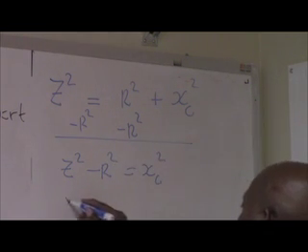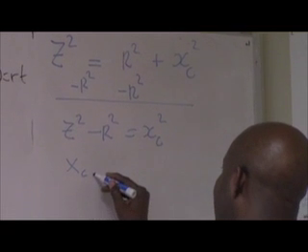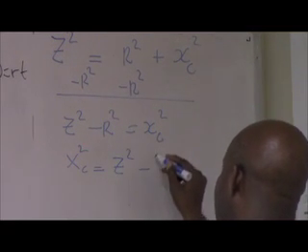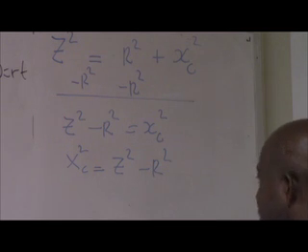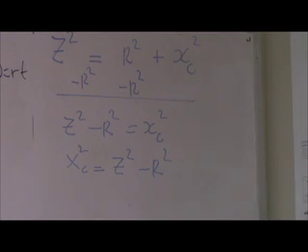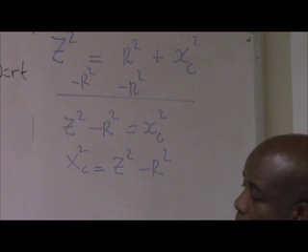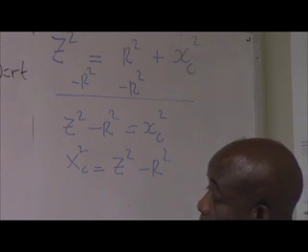Now, please allow me to write it like this. Z squared minus R squared. I haven't changed anything yet. I would have used the definition of equality. But I'm not solving for X squared. I'm solving for X sub C. So I must eliminate this square. Now remember, when we had a radical, to eliminate it, we square it.